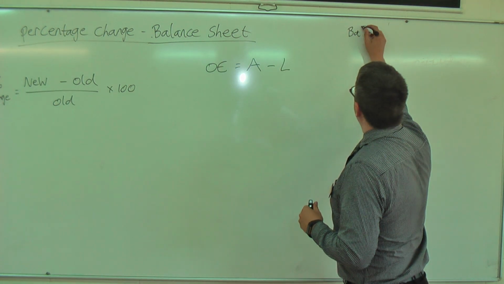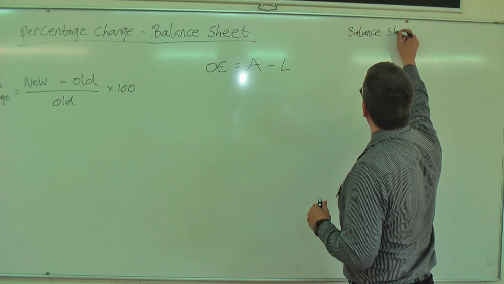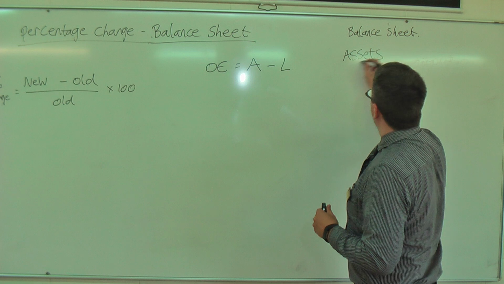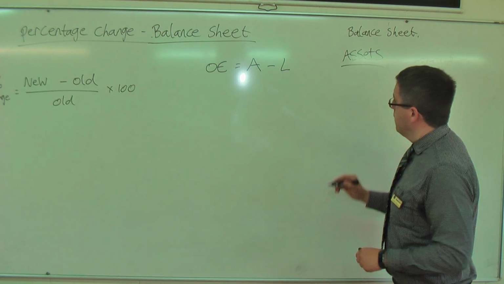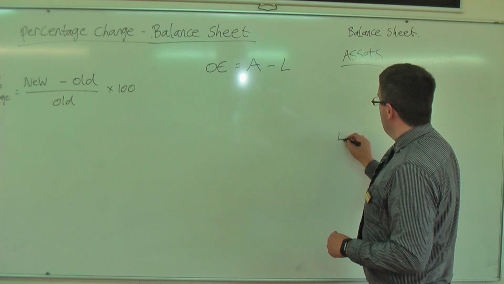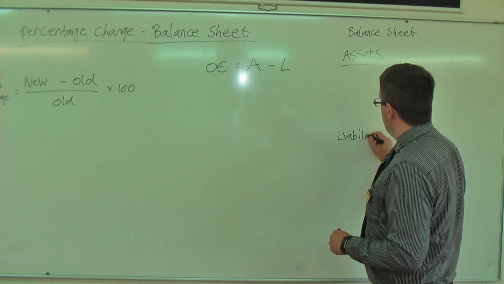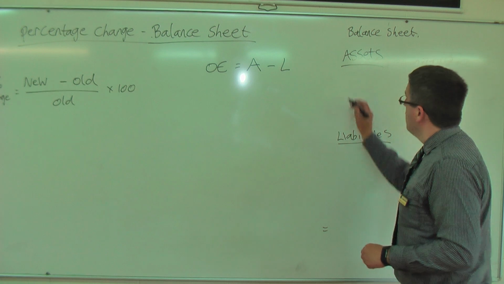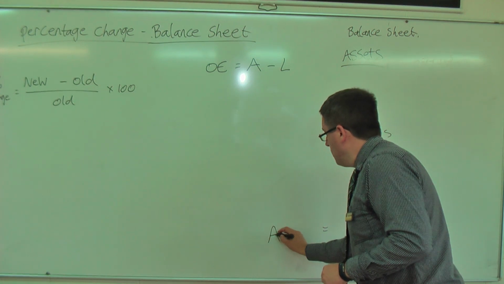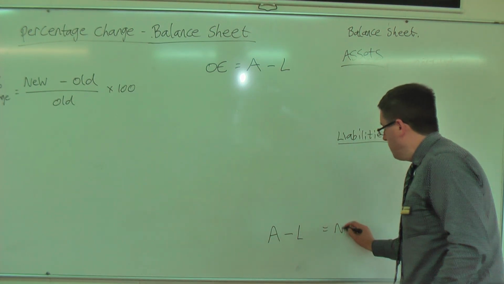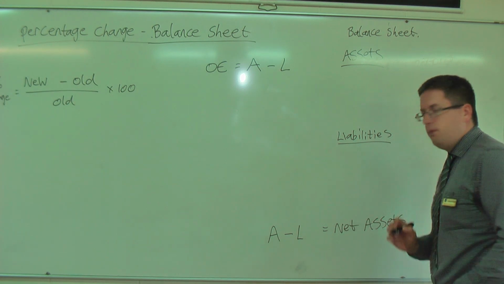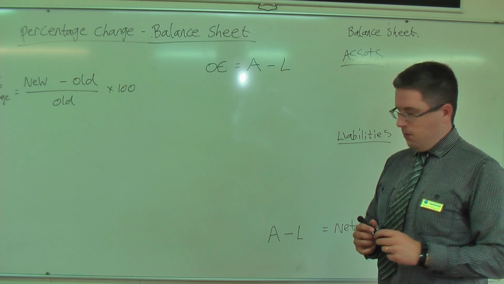So when you start to prepare a balance sheet, you'll start by listing out your assets and then finding your liabilities, listing out those, and when you have assets minus liabilities, that's a thing called net assets.